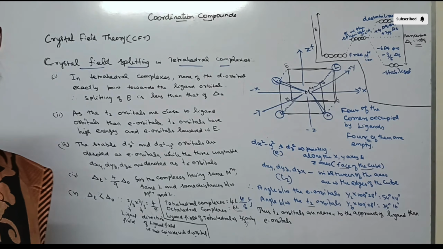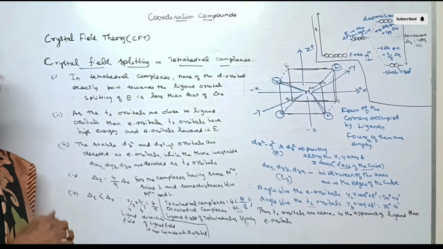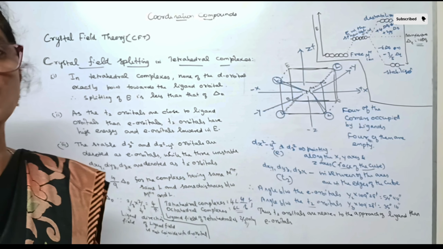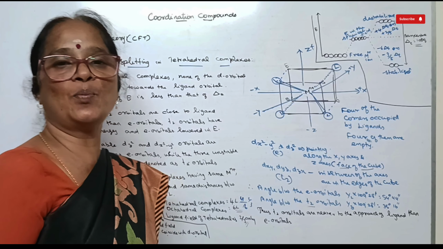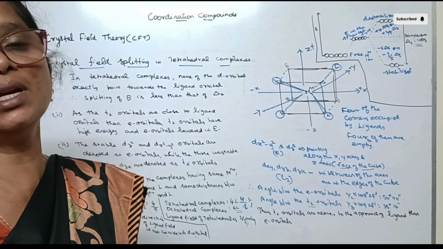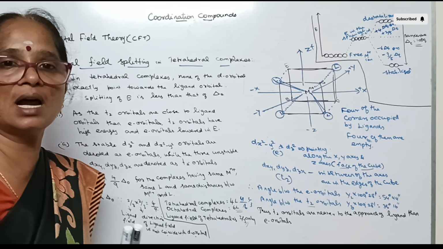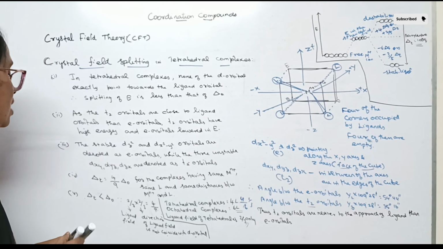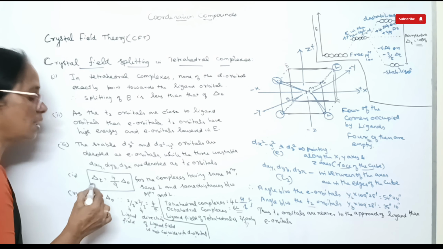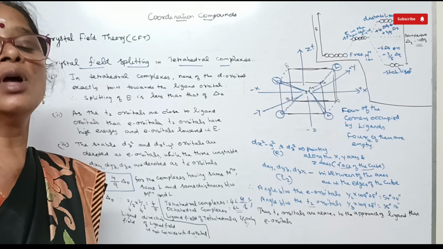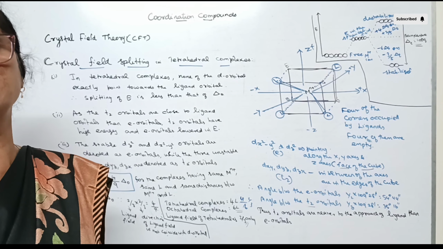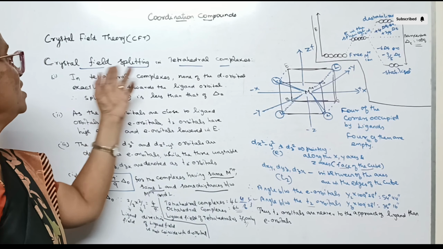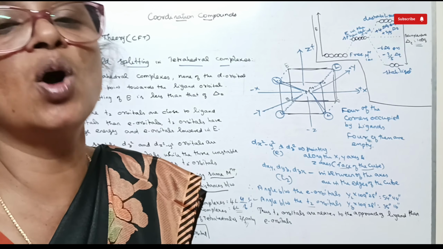Moreover, as the energy required for the tetrahedral complexes is much lower compared to octahedral complexes, all the tetrahedral complexes are found to be high spin complexes because the pairing of electrons does not take place, since the crystal field splitting energy for the tetrahedral complexes is lowered by the factor of 4 by 9. Therefore, most tetrahedral complexes are found to be high spin complexes. That's all about the crystal field splitting taking place in tetrahedral complexes.